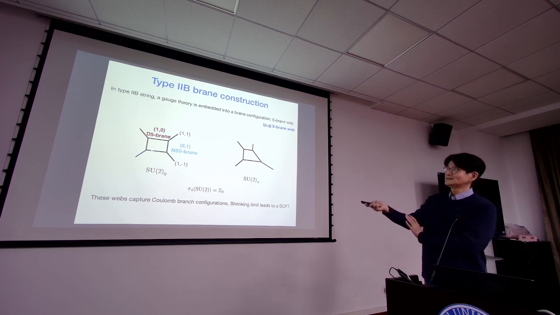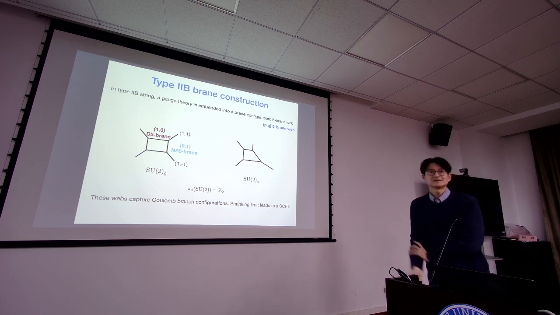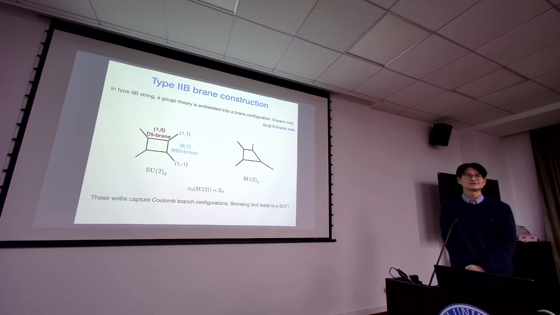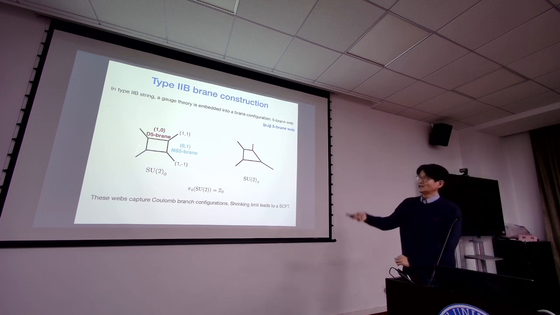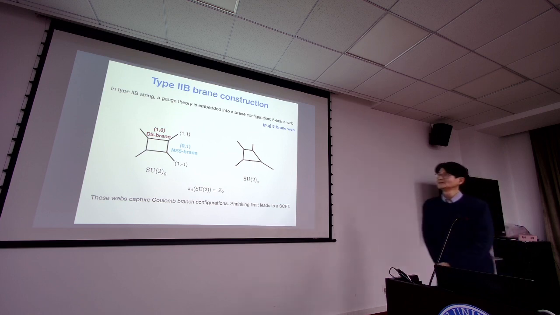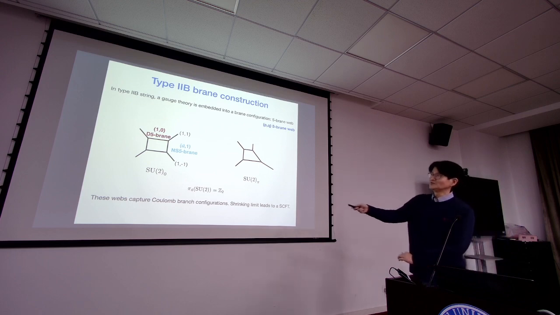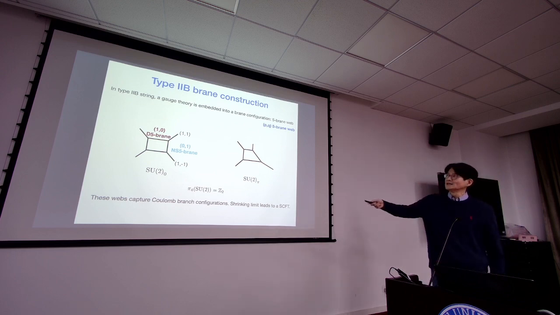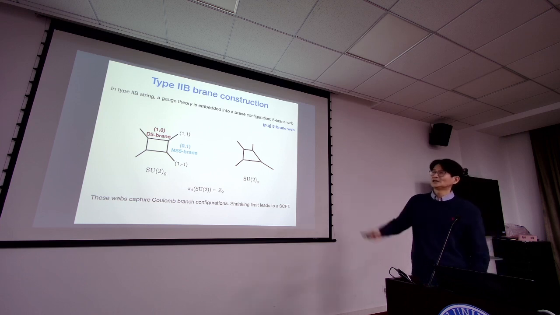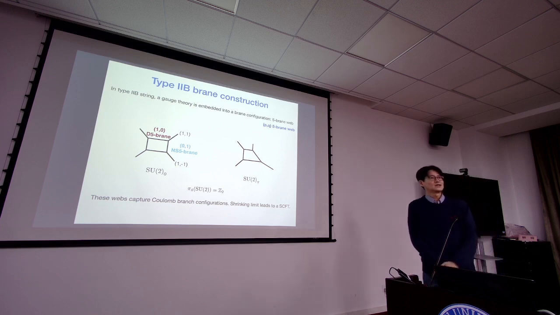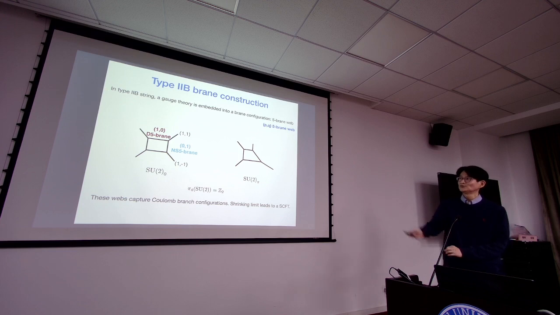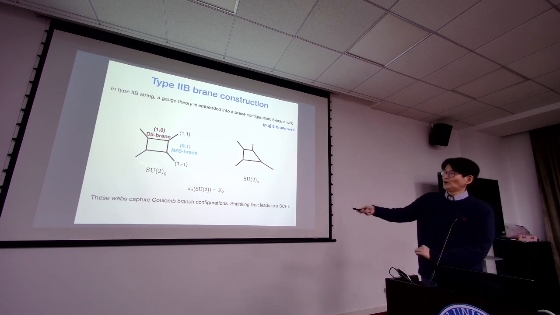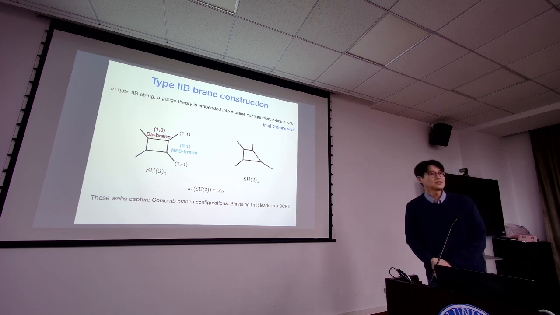Let's say this horizontal line is the direction where the D5-brane is extended, and the vertical line is where the NS5-brane is extended, and they make a charge-conserving configuration like this, and then become the (1,1), which is a bound state of these two, and this one captures the SU(2) gauge theory.